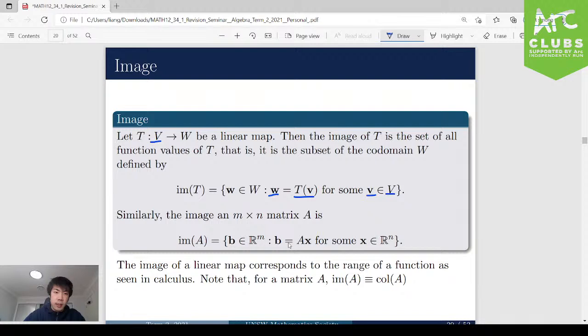So in a sense, you can think of image as corresponding to the range of a function. And one other important thing to note is that kernel is part of your domain, image is part of your codomain, okay?